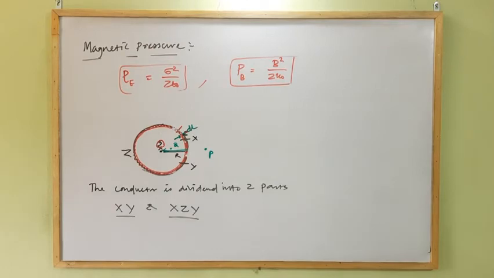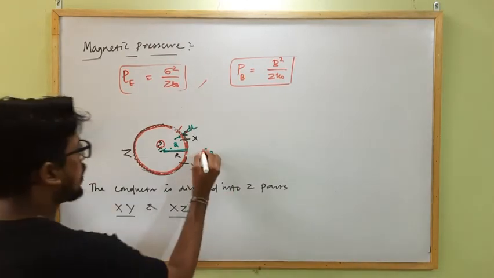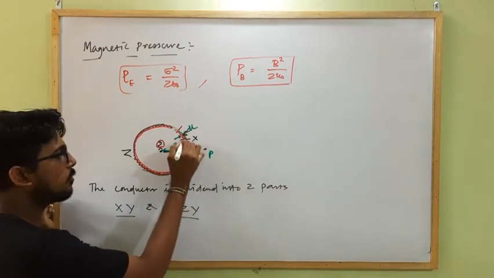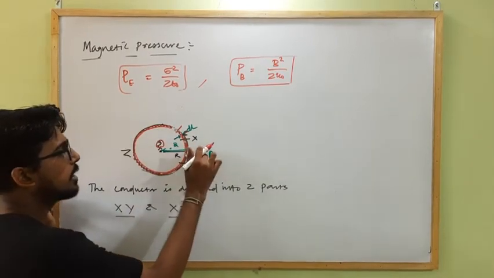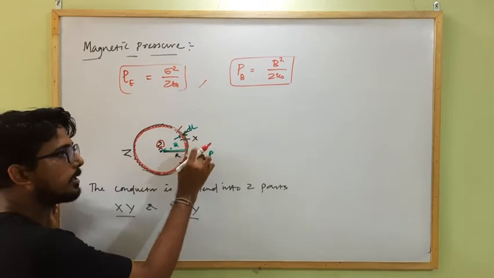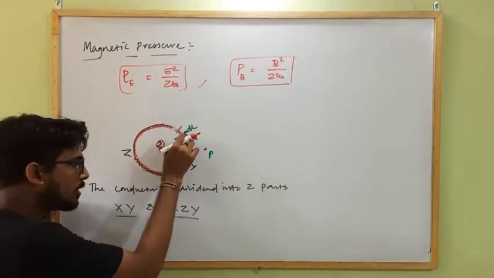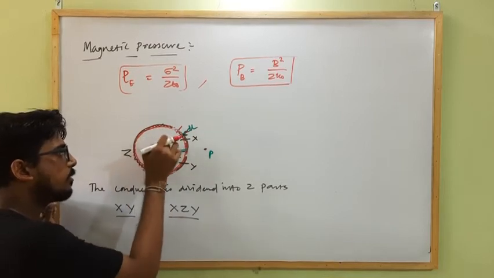Clear? So from this we are considering 2 points. At point P, the net magnetic field strength due to this segment and this segment will be how much? Outside the conductor it will be mu naught I by 2 pi r, and inside, due to both segments, it will be 0.